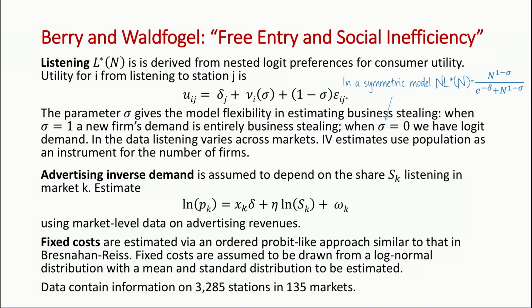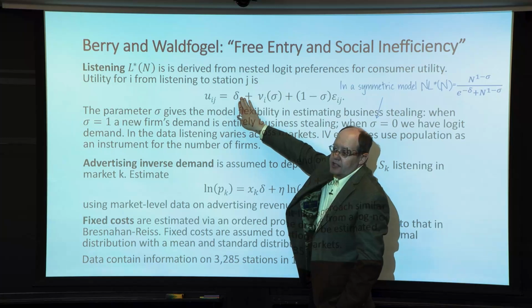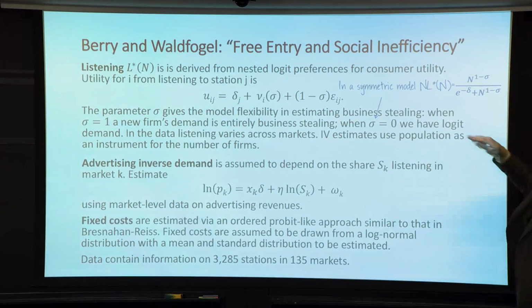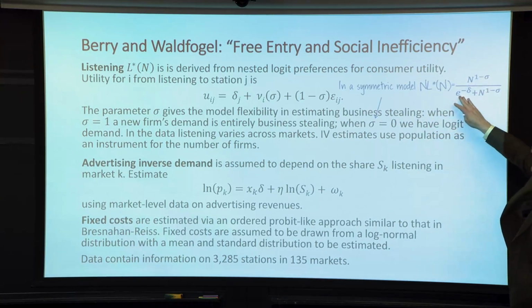If this model was totally symmetric, if all the deltas were the same, if all the stations were exactly the same quality, then in a nested logit model, the listenership L star of n would be n to the 1 minus sigma over e to the minus delta plus n to the 1 minus sigma.